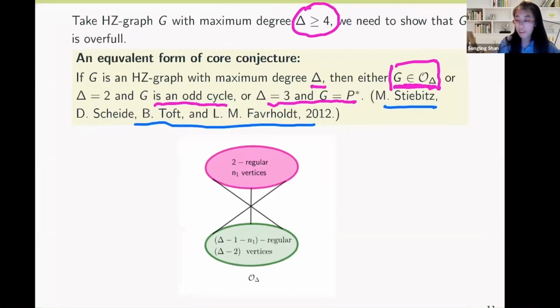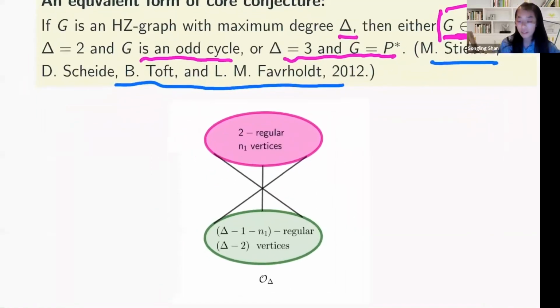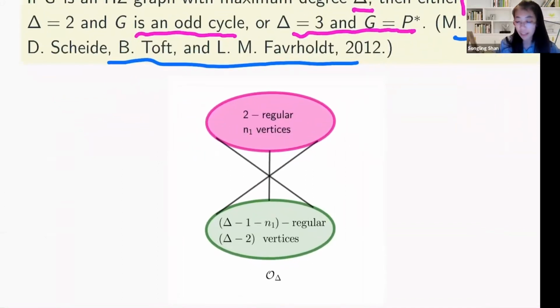And this class is constructed in this way. On the top, we have a 2-regular graph on N1 vertices. It's just a bunch of cycles. On the bottom, we have a delta minus N1 regular graph, which has order delta minus 2. And in between, we have all the possible edges.